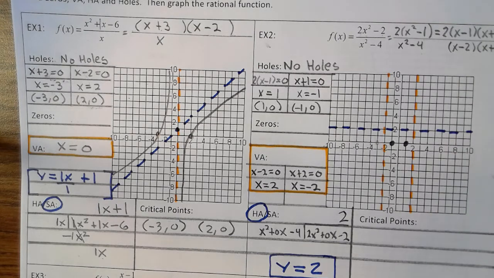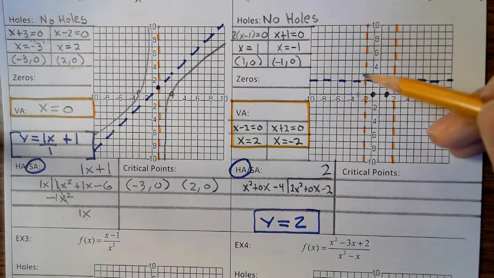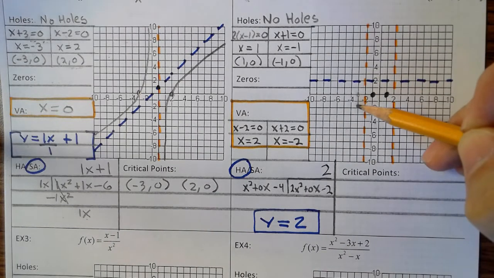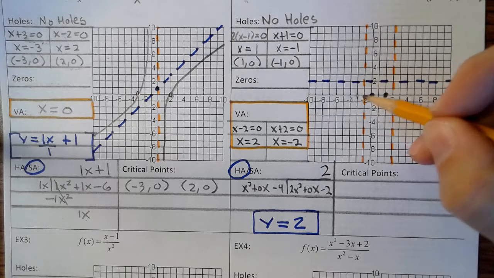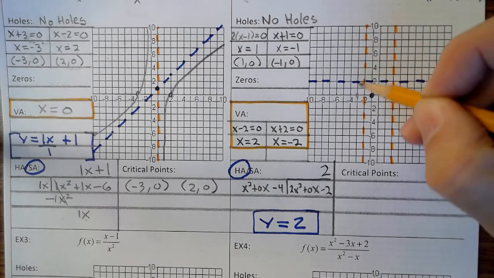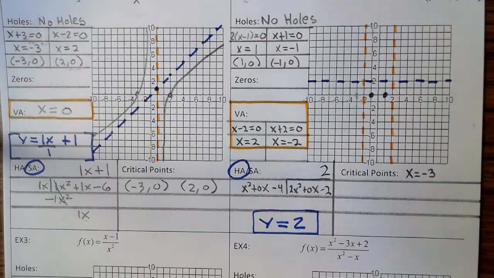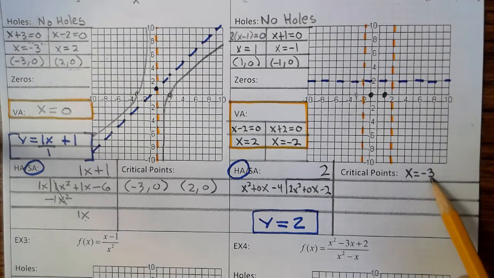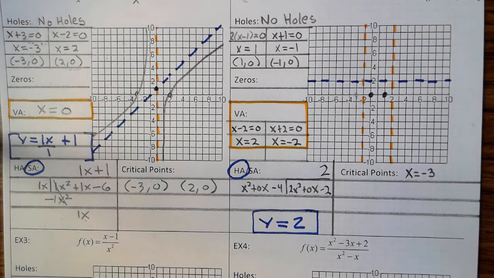All right, critical points. We need to know if our curve is above the horizontal or below. So to do that, we need to test a point. Let's test x equals -3 because that point is to the left of this vertical asymptote. So what we have to do is plug -3 into the function to find the y value.